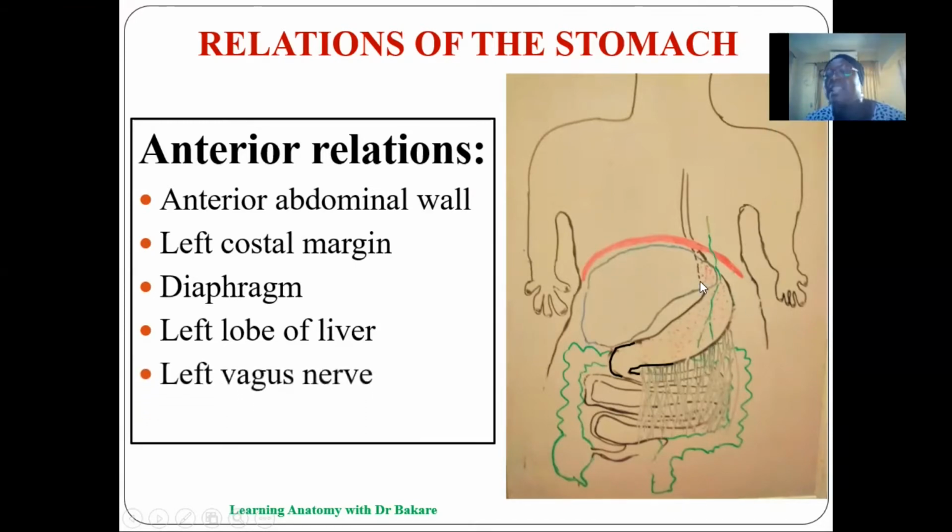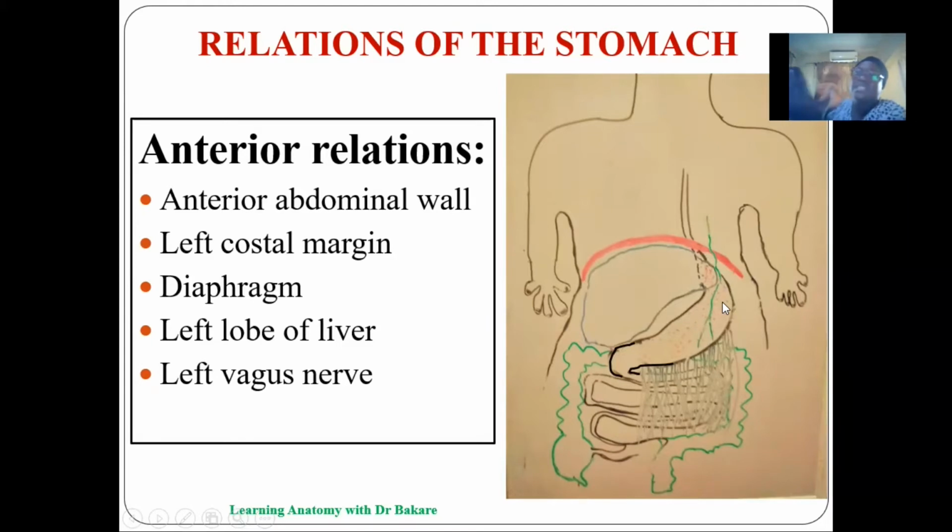Then we have the left vagus nerve. The left vagus nerve is also an anterior relation of the stomach, and this can be explained using the developmental process. During the development of the foregut, the left vagus nerve is located on the left side of the stomach, and that is why it is the left vagus nerve. But because of the rotation of the stomach during development, as it rotates, it brings the left vagus nerve to the anterior region.